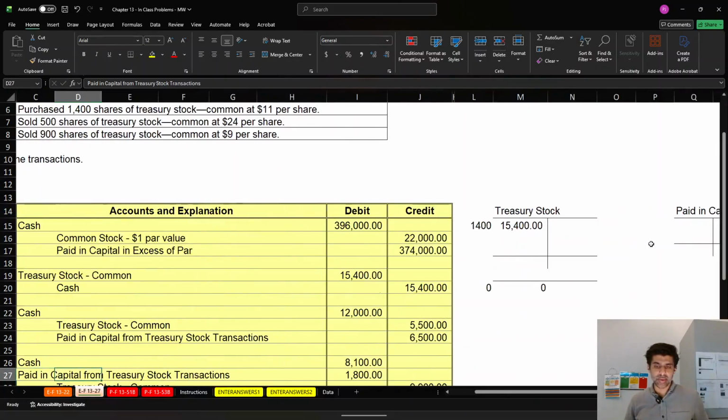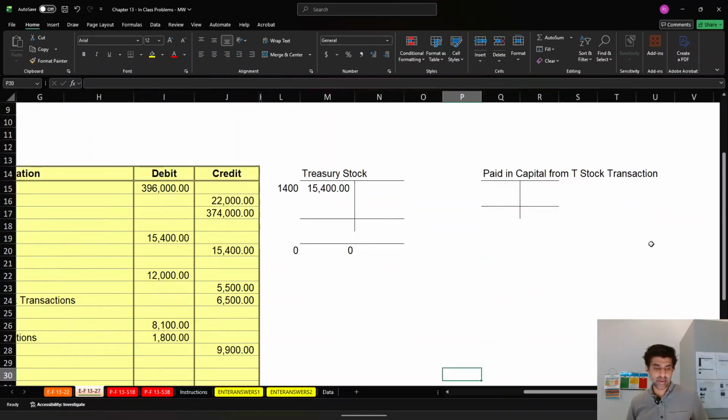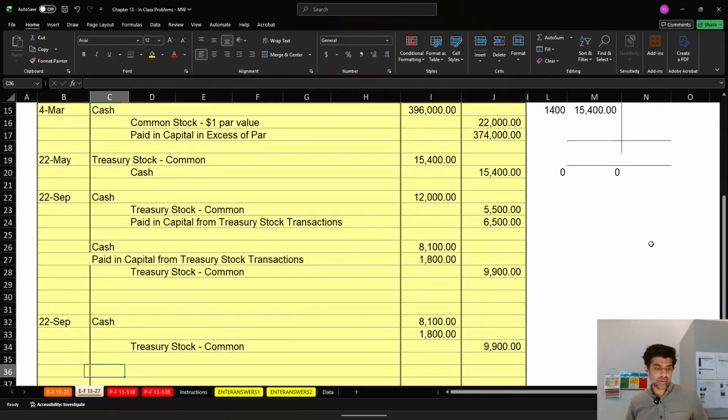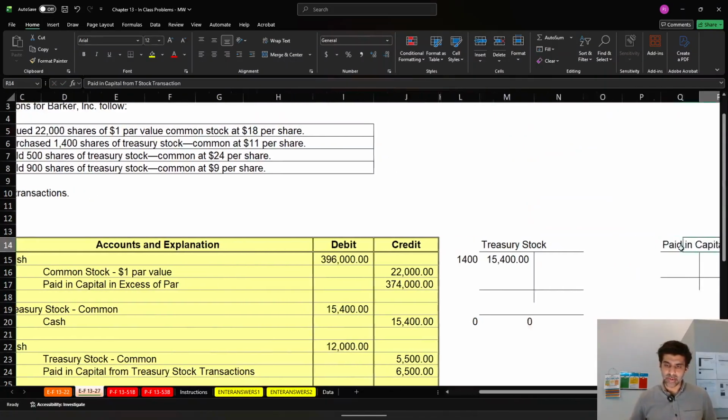What should we debit? We have zero balance here. We haven't done that transaction where there was a gain. So we can't just debit this 1,800. This has to be a credit balance or zero. So where should we debit this 1,800? Yeah, retained earnings. Okay. We're going to take this out of retained earnings. Okay, so let's just add another T account here.